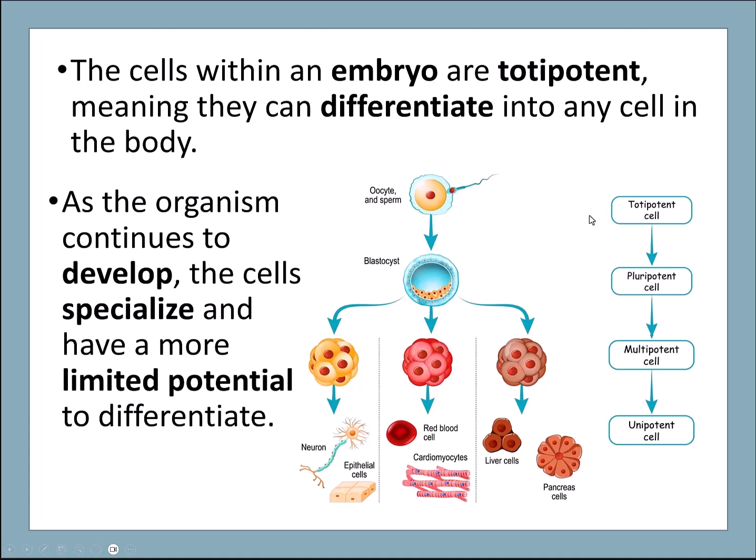They start as totipotent cells in embryos, and then the embryo has a couple of different layers in it, and each of those layers becomes pluripotent, meaning it can become only a few different types of tissues, and then those cells become multipotent, eventually leading to specialized cells which only have one function, or unipotent.